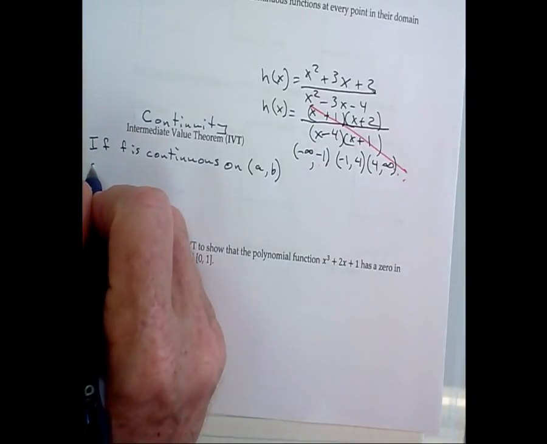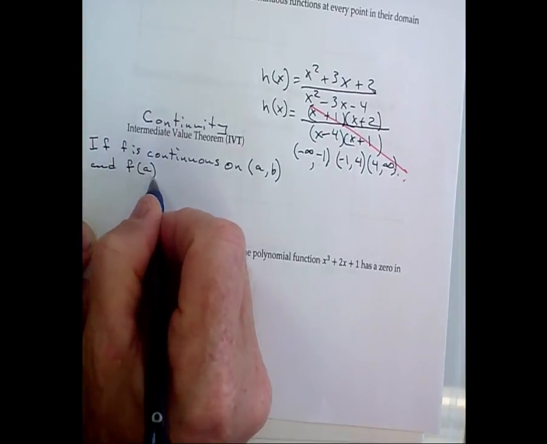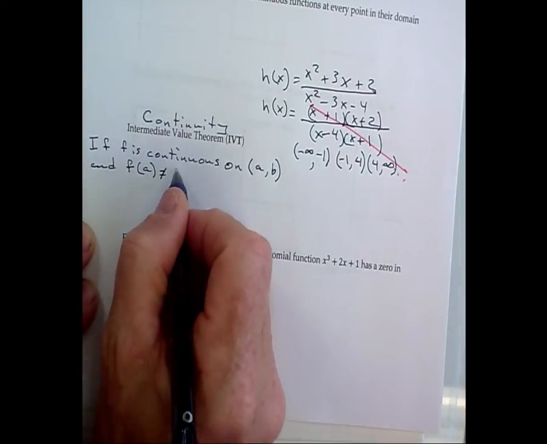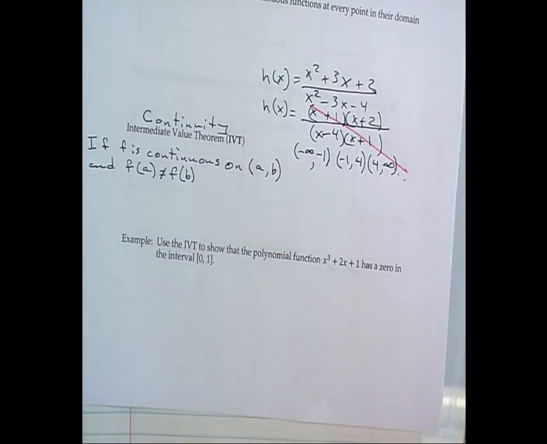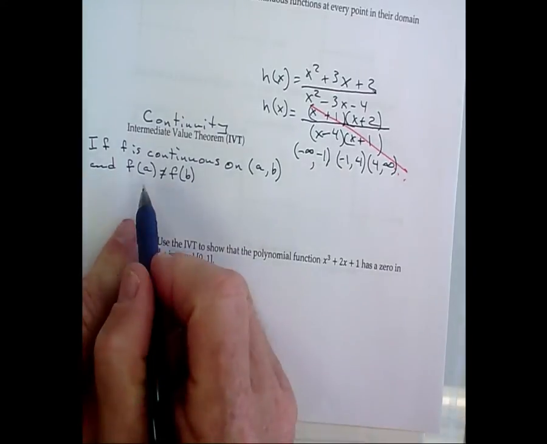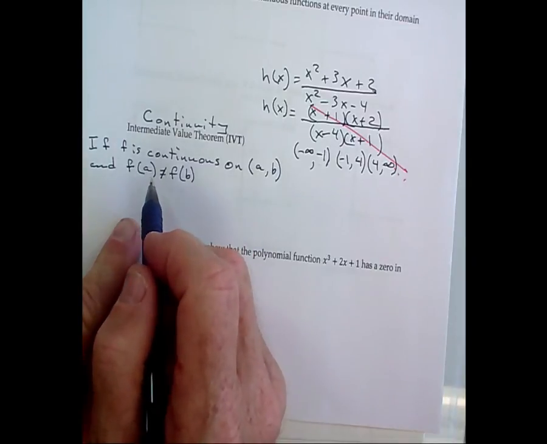And f of A is not equal to f of B. So what that is saying, I'm going to back up a little bit. And Aiden, I think you can answer this. A is an x value, right? Or an input value. But either way, they're the same thing, correct?